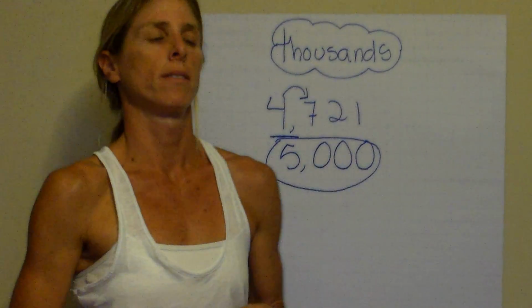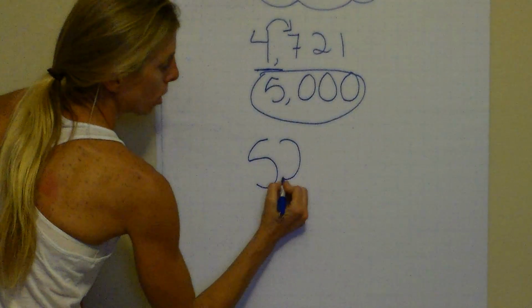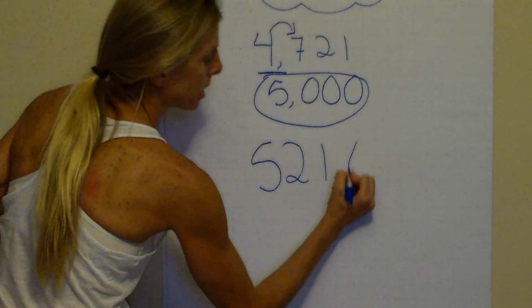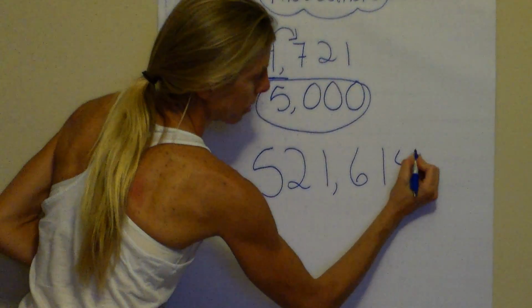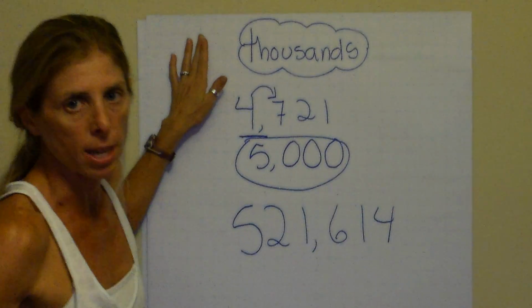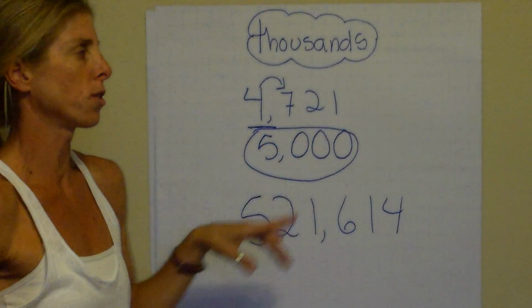Okay, one last problem. You guys ready for this one? Let's do 521,614. But we're rounding to the nearest thousands place. Go ahead and try that. I'm going to work it up here, but I'm going to be quiet and see if you get the same answer.